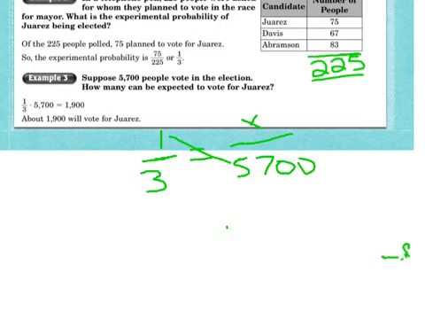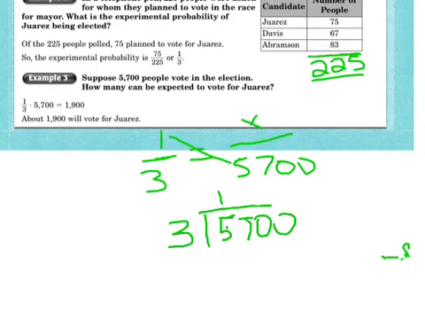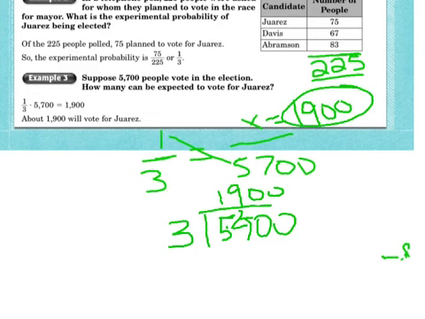Let's try that again. 5,700 divided by 3. 3 goes into 27 9 times. So 1,900 voters will vote for Juarez.